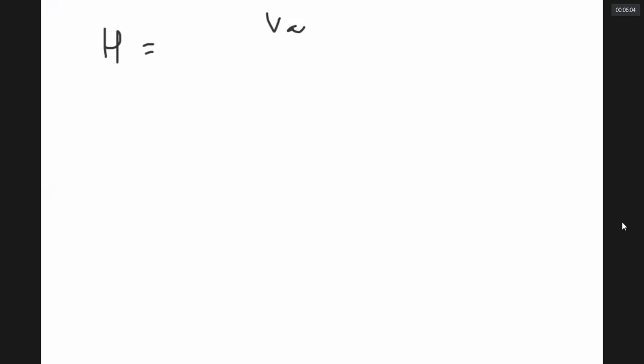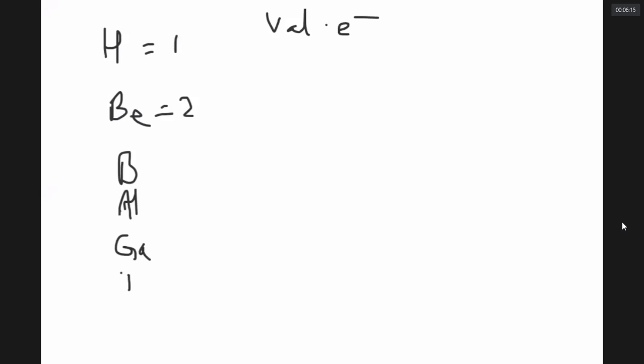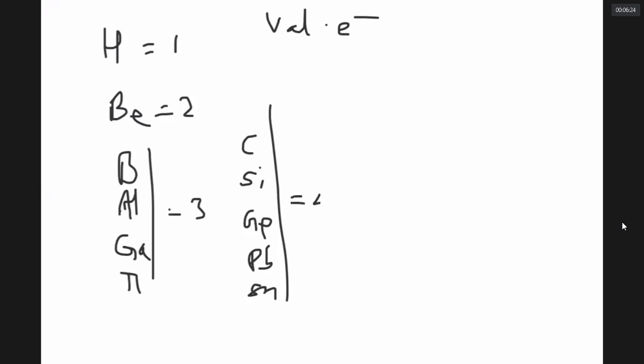The valence electrons available for bonding in hydrogen is 1. For beryllium, it is 2. For boron, aluminum, gallium, thallium, it is 3. For carbon, silicon, germanium, lead, even tin, the available electrons for bonding are 4.